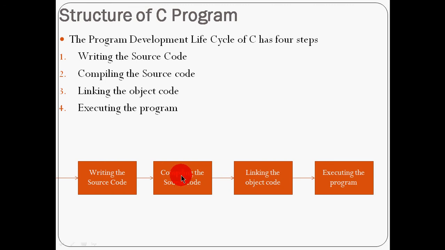If there is no error in your program, it will generate one particular type of output file, or if an error is available, it will show an error message. Then, if compilation is successfully done, we move toward the next process, that is linking the object code.